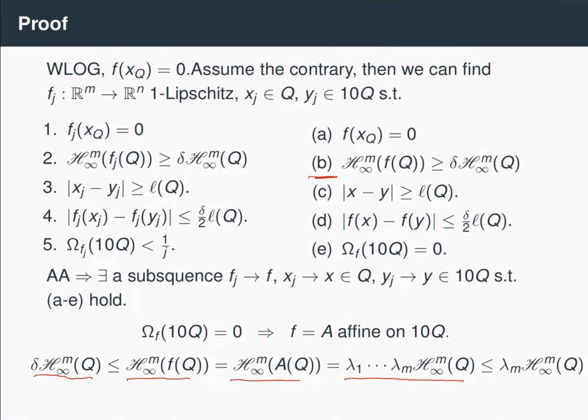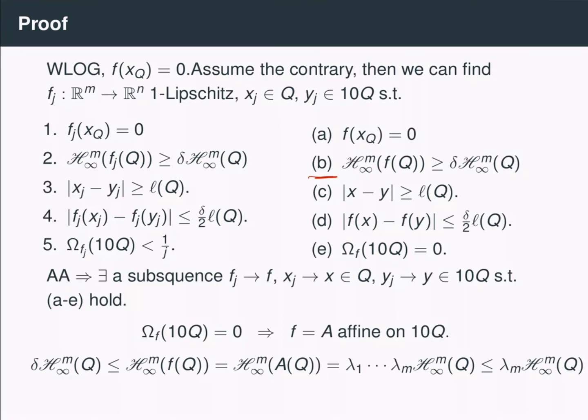Now, because the function f is one-Lipschitz, that implies that the singular values are all at most 1. So that means that we can trivially bound this above by just lambda m, the smallest singular value, times the Hausdorff content of Q. Now, also recall that for an affine map, the lower Lipschitz constant is lambda m.